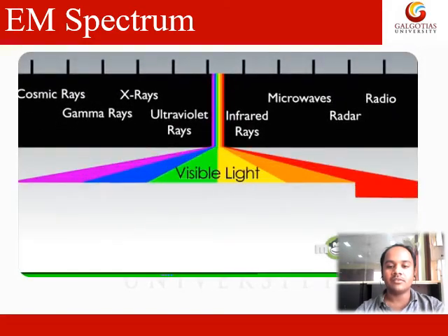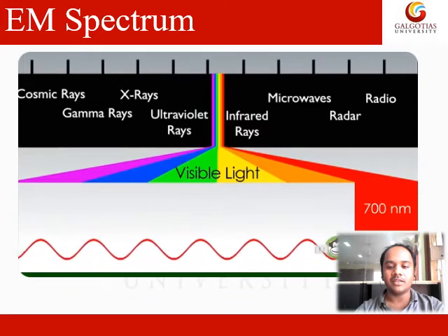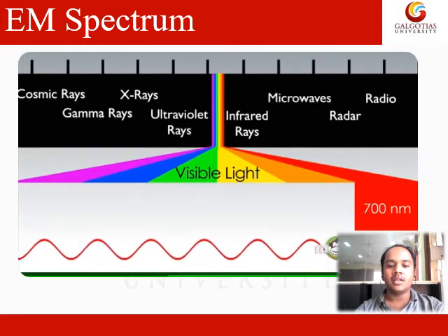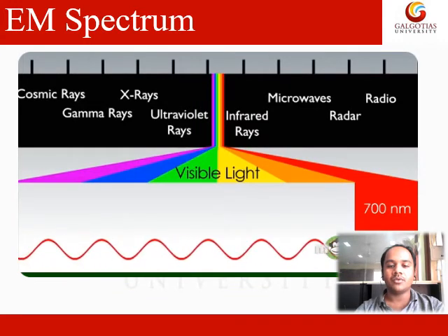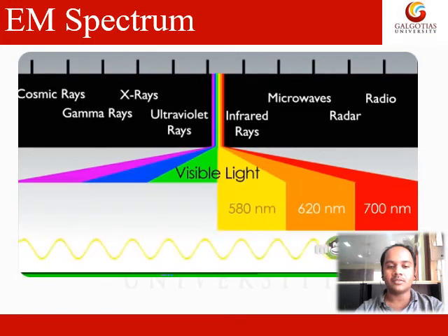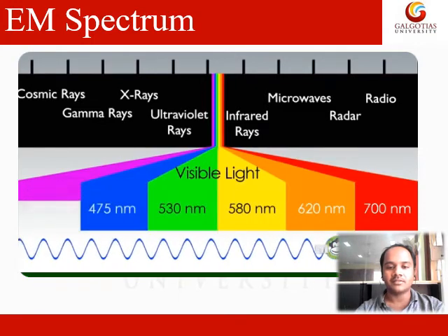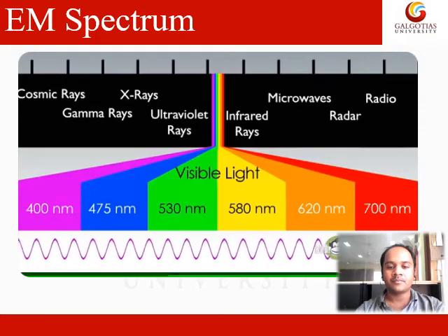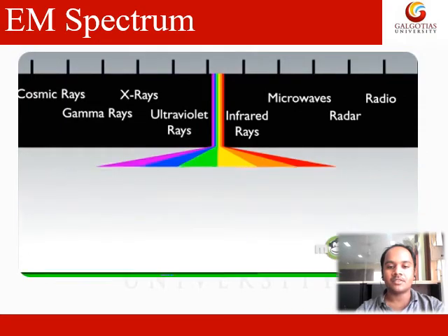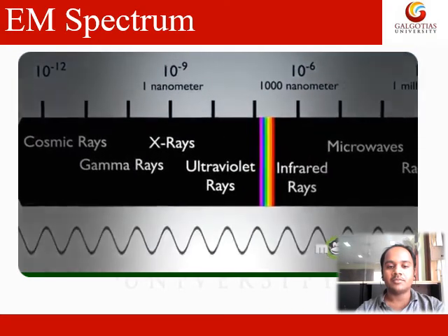The other one is visible light, the light which we can see. Visible light lies between 400 nanometers and 700 nanometers, in which you have different colors, VIBGYOR, in the visible light spectrum.